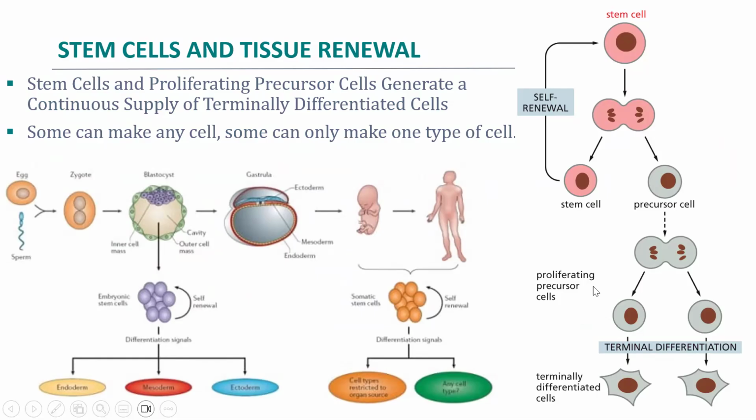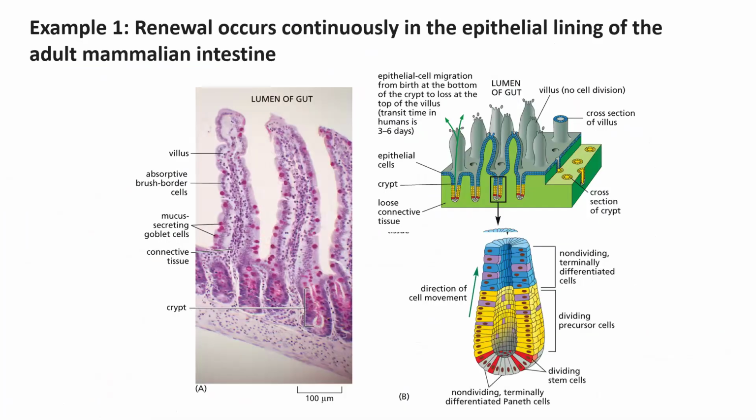They're generating what is eventually going to become a terminally differentiated heart cell, right? So think anywhere in the body, and maybe now I'm within a specific tissue, or a specific organ system, or a specific layer, but I'm not able to just make anything anymore. I'm kind of being narrowed down just a little bit.